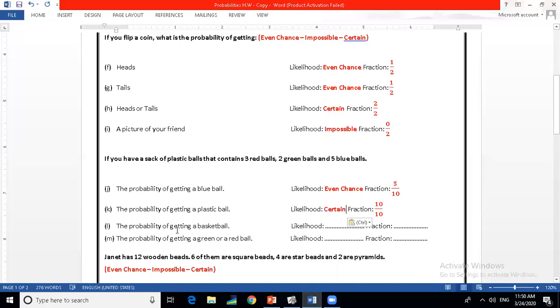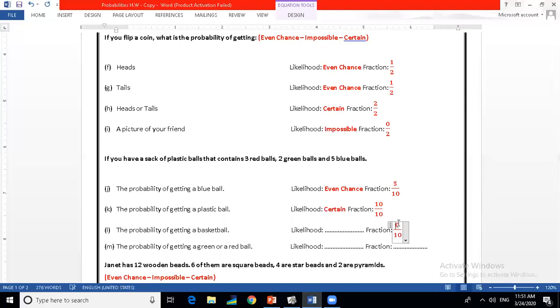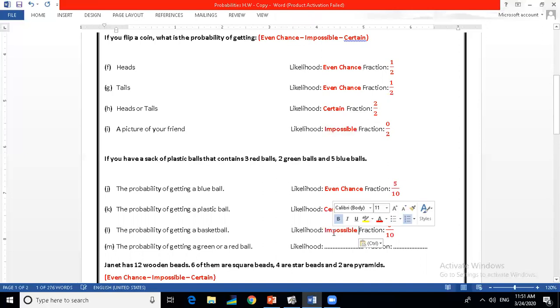The next one, which is L, the probability of getting a basketball. Well, they didn't mention anything over there about a basketball. They said 3 red balls, 2 green, and 5 blue, and all of them are plastic, but they didn't mention anything about basketballs. So it is 0 out of 10, which is impossible.